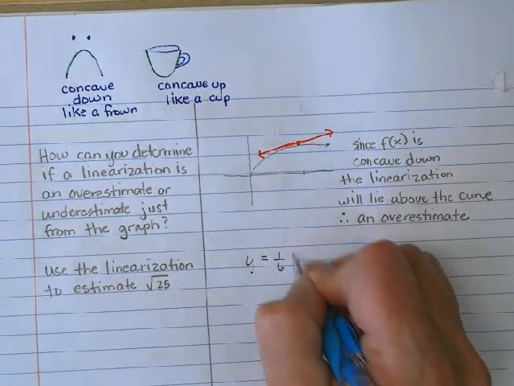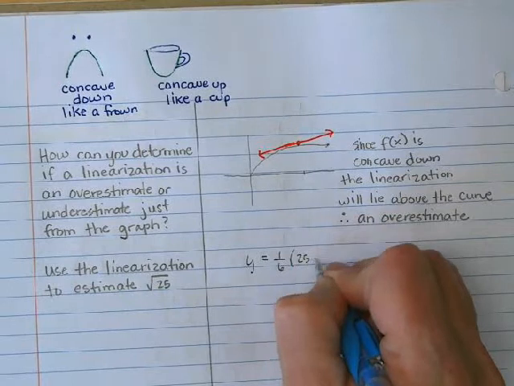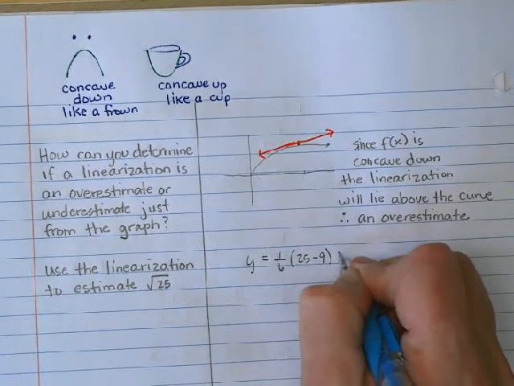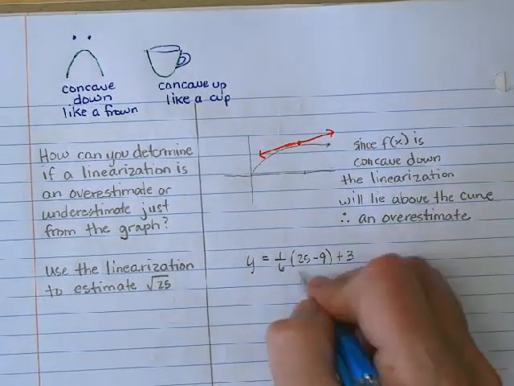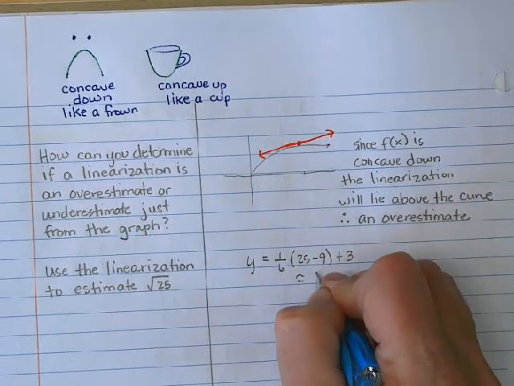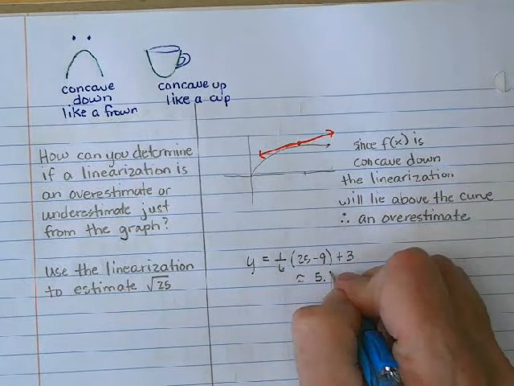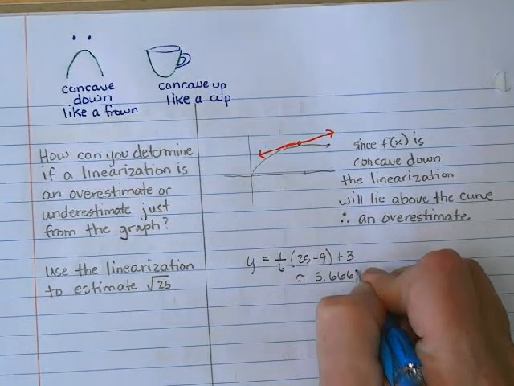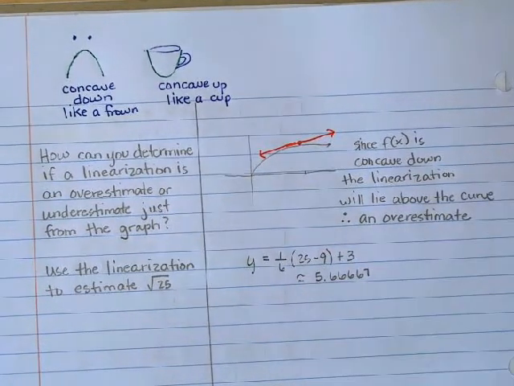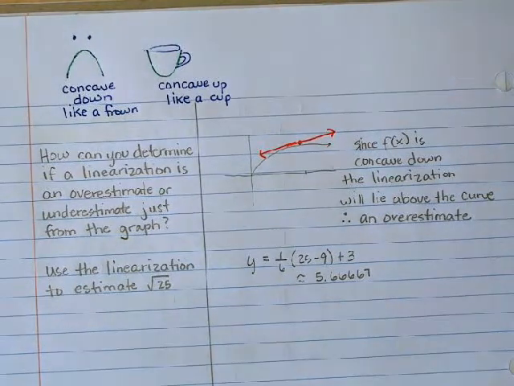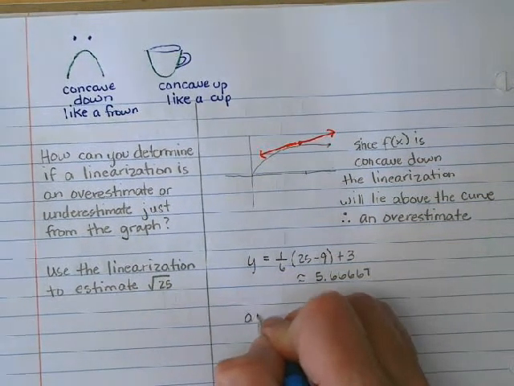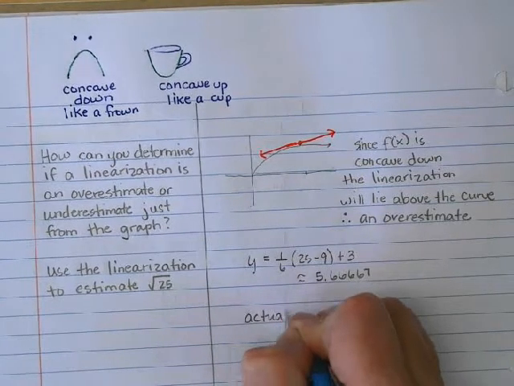Okay, so I'm just going to put that in for x. And that's going to be approximately 5.66667, 5 2/3. Well, we know the actual square root of 25.